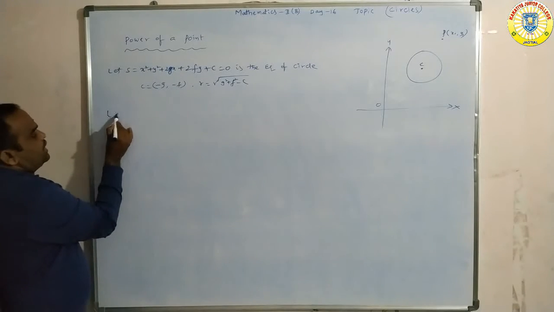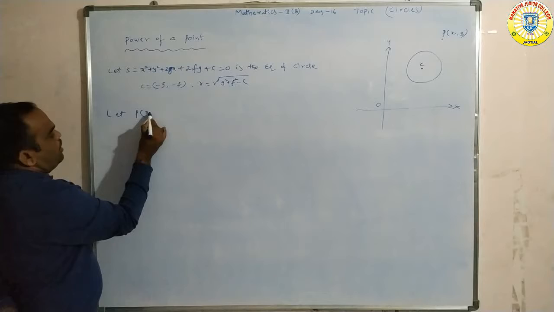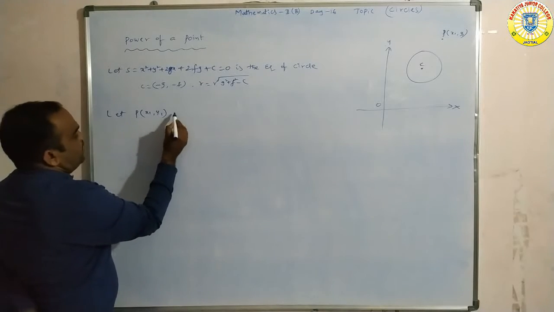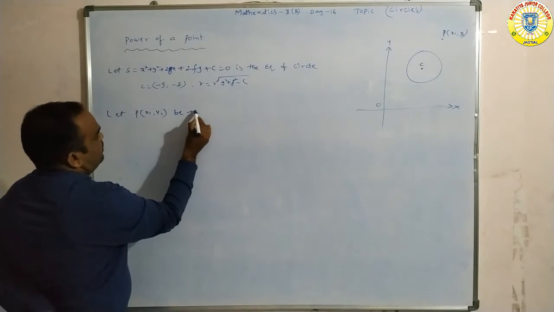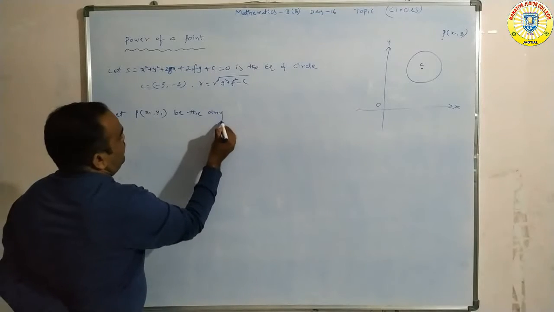Let P of x1 comma y1 be any point in this plane.